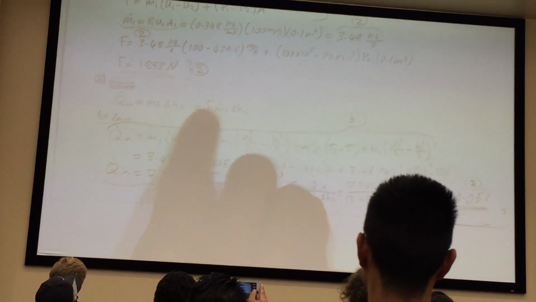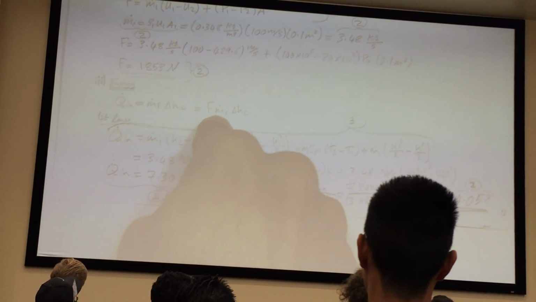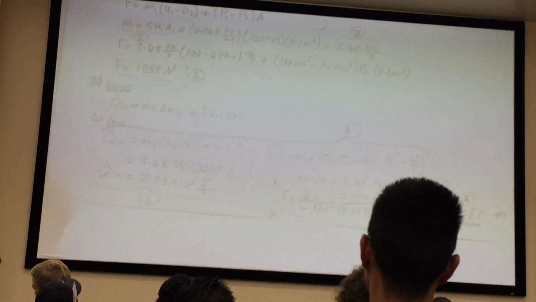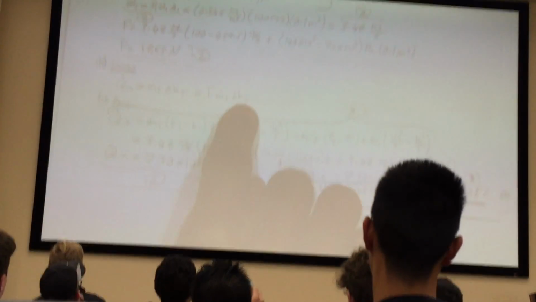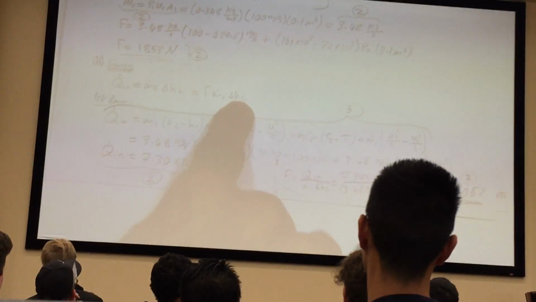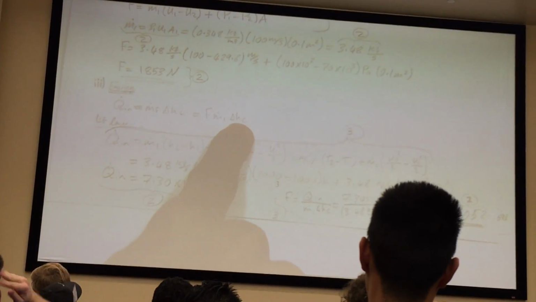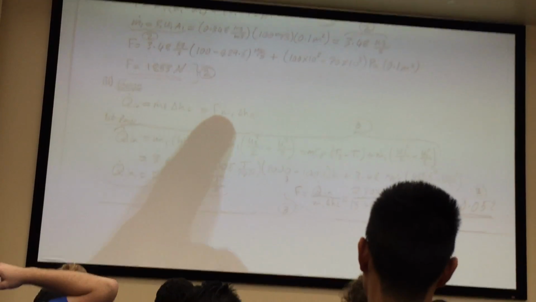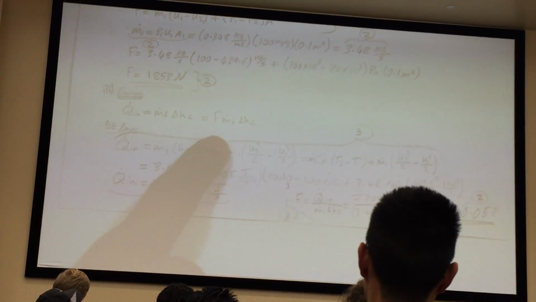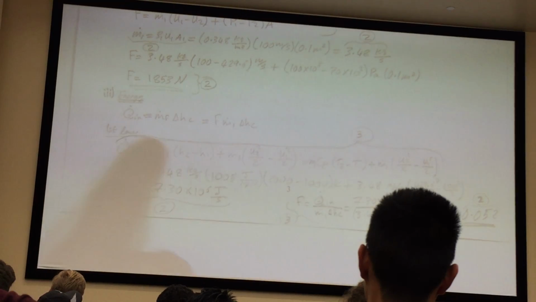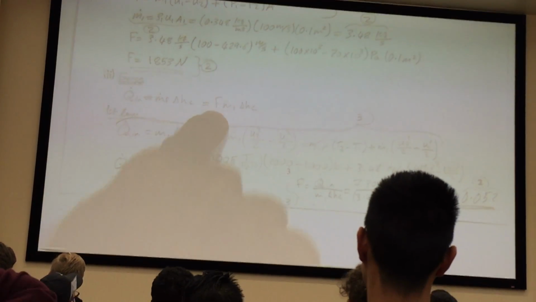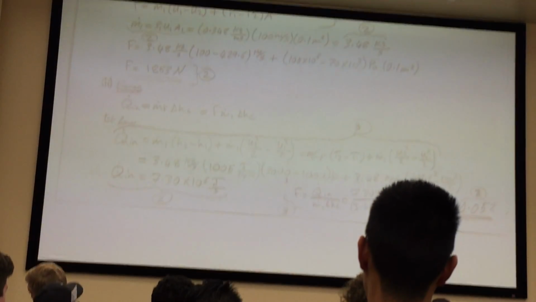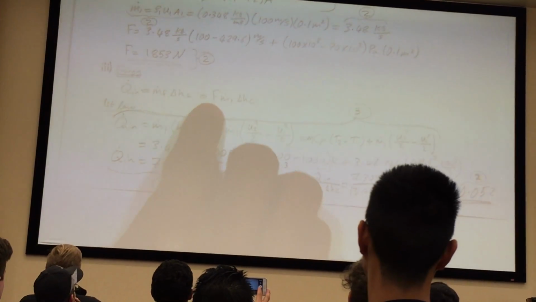So this is the fuel air ratio multiplied by m dot, which is the mass of air I already got right here, multiplied by the heat of combustion. I already know this because he's given it to me, 40,000 kilojoules per kilogram. And m dot, I already have it. So all I need is Q in. Oh, that's what I needed: Q in and the fuel to air ratio. So I'm trying to find F.